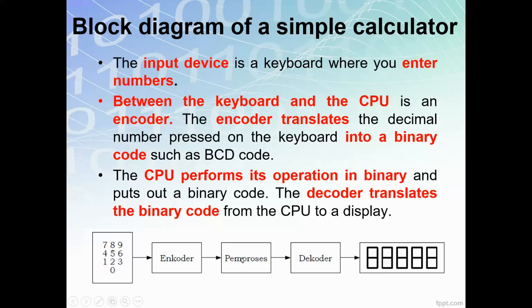So bila dah proses, that particular processed binary tadi akan di-decode back, and then translate from the binary into a display. Kita ada satu display output untuk keluarkan nombor satu. Ini calculator biasa kamu dah tahu kan. Kita akan ada calculator display lah kat situ.